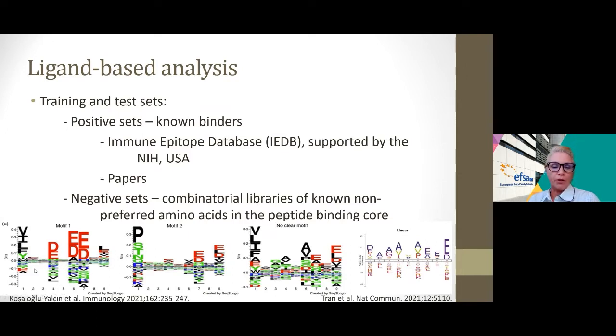So here are given 3 of the non-binding motifs for DQ2.5. These are data from the literature. And the combination of all these non-preferred amino acids. So these amino acids were combined and generated combinatorial libraries.